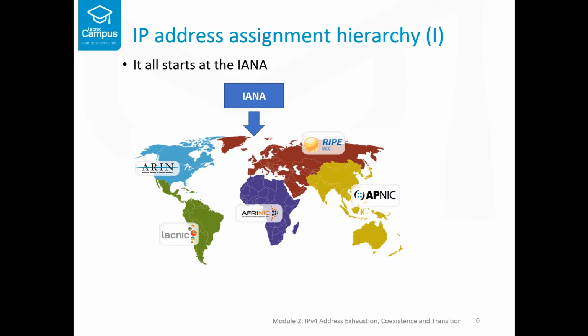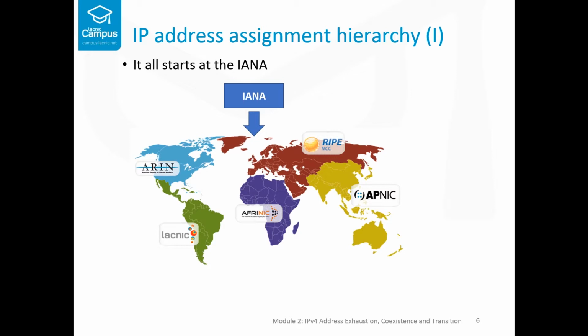RIRs operate as non-profit, membership-based organizations. There are 5 RIRs worldwide, each serving a different geographic region. LACNIC was created in 2002 and serves the region of Latin America and the Caribbean.